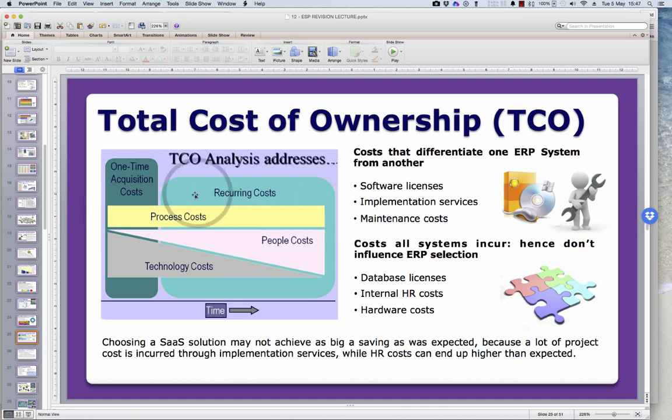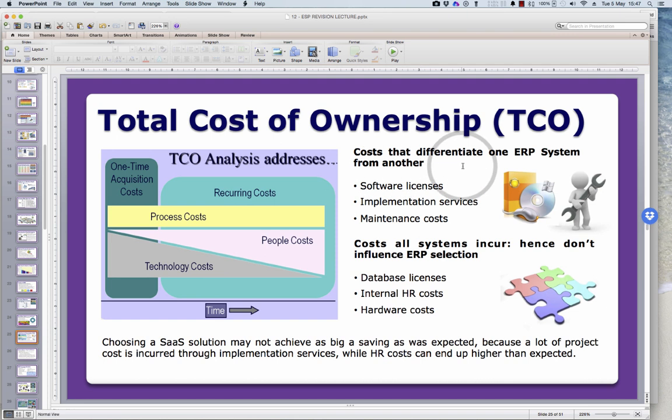You'll have some recurring costs which will pretty much be the same, although there will be a different size of cost. You'll have technology costs where they tend to fall off as the project gets nearer and nearer to being ready and finished to go, system being ready to go. But the opposite is true of people costs. They'll be rising all the way through as you bring on more people, as you go from a pilot project through to full implementation.